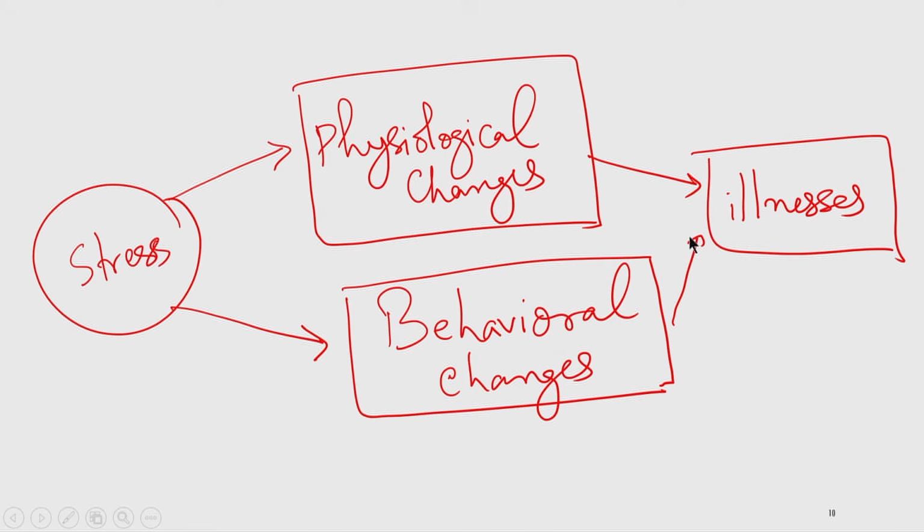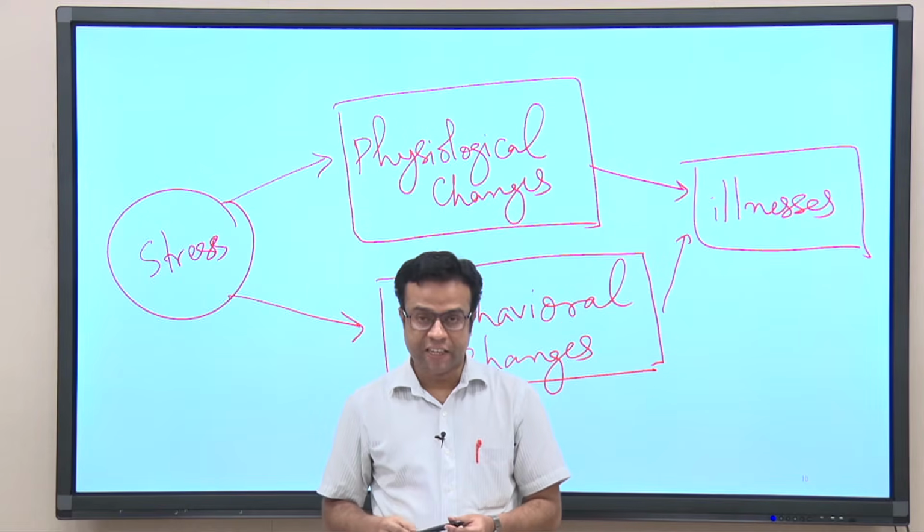So, this is a simpler form by which we can understand the mechanisms. There are two pathways, physiological changes and behavioral changes in response to stress, which can lead to physical illnesses.